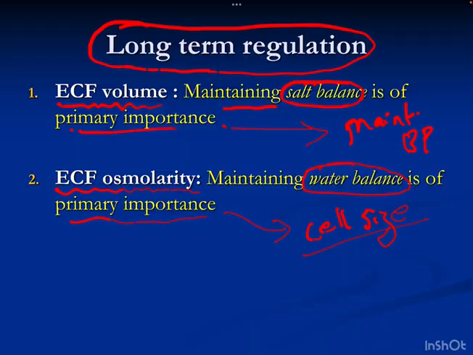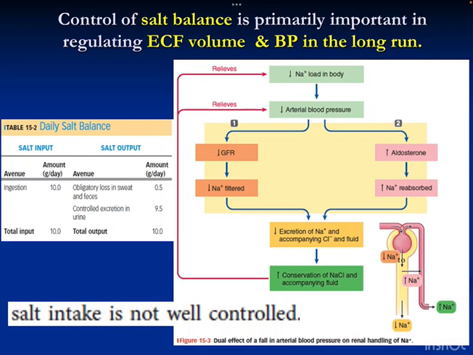We'll talk on this. Now, the control of salt balance is of primary importance in regulating extracellular fluid volume, which is again important for the maintenance of blood pressure in the long run.